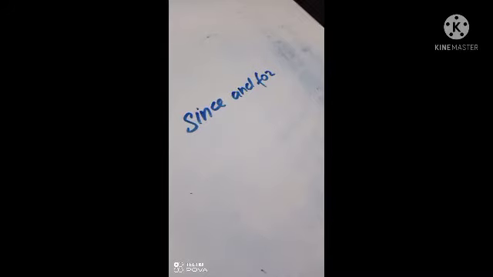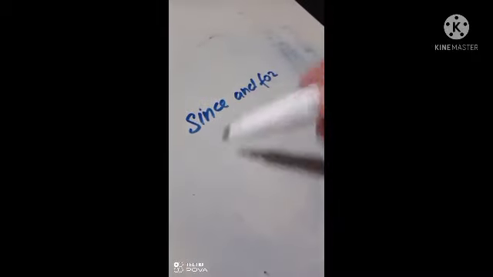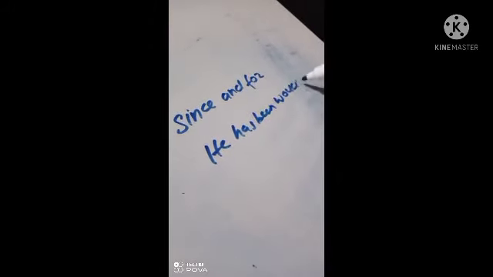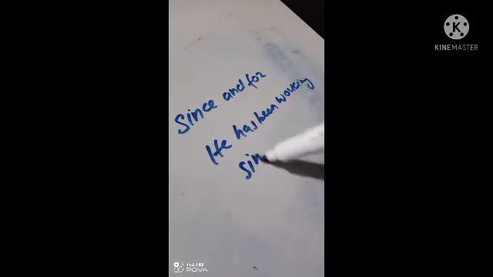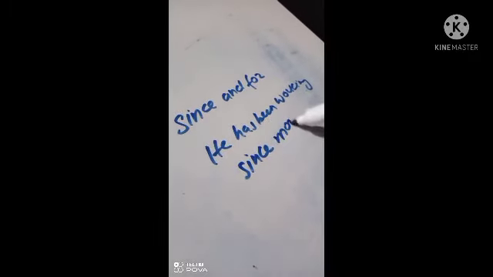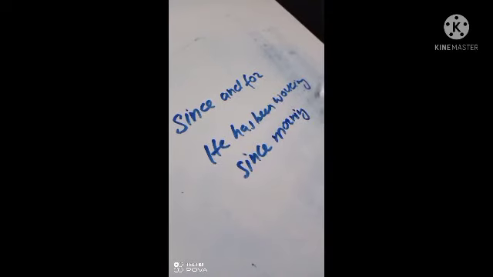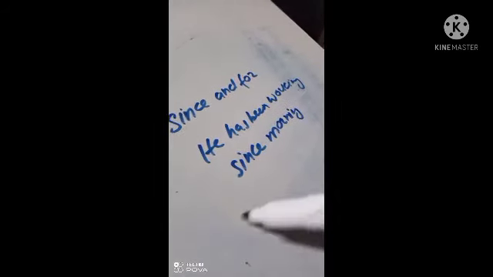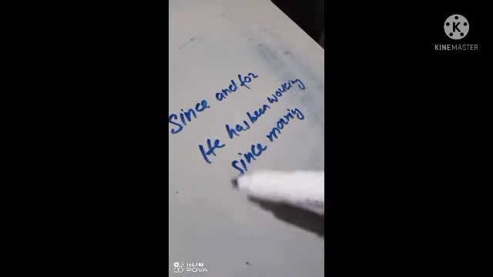Okay, "since" and "for" are also used for time. Okay, "since" refers to a point of time and "for" refers to a period of time. For example, he has been working since morning. Okay, so here the time is mentioned from when he is working. So he was working from morning. "For" shows just a time but not the exact time.